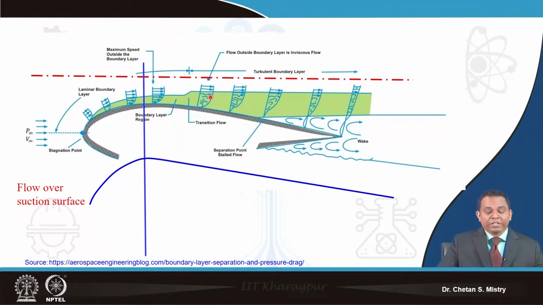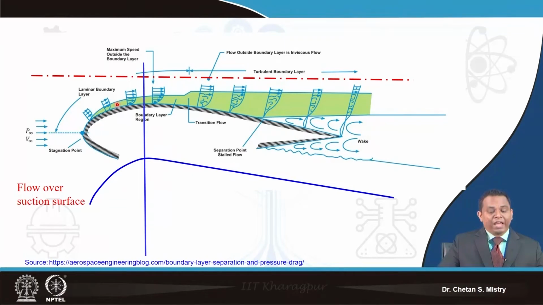In the later part, you can see this passage is shaped like a diverging passage, or a diffusing passage. I will have deceleration of flow from maximum thickness towards the trailing edge. So somewhere here I will have lower velocity.